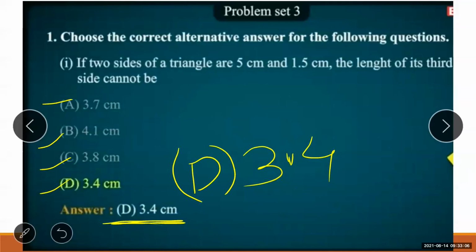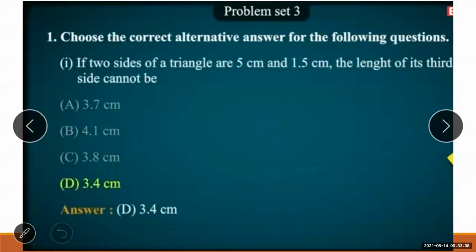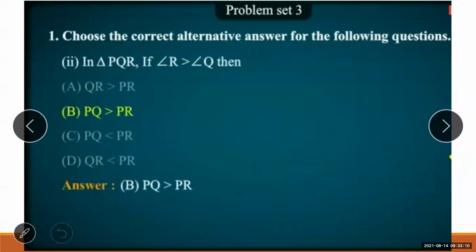Now see the second sub question here. In triangle PQR, if angle R is greater than angle Q. Now let's draw a diagram so that we will understand it easily.